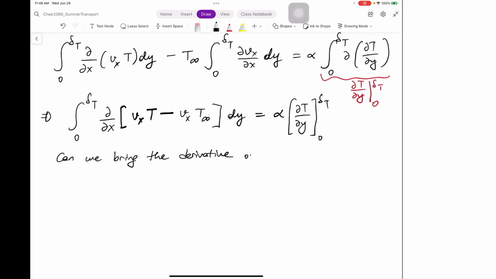Which rule from calculus did we use to do this? You remember? Was it something like Leibniz? Leibniz rule, exactly. So let us use Leibniz rule.